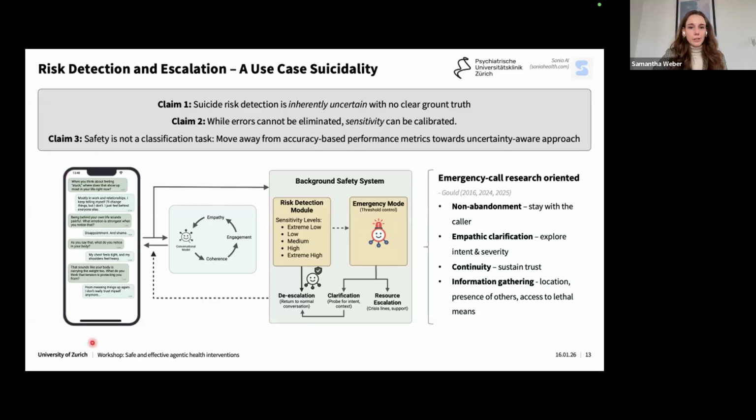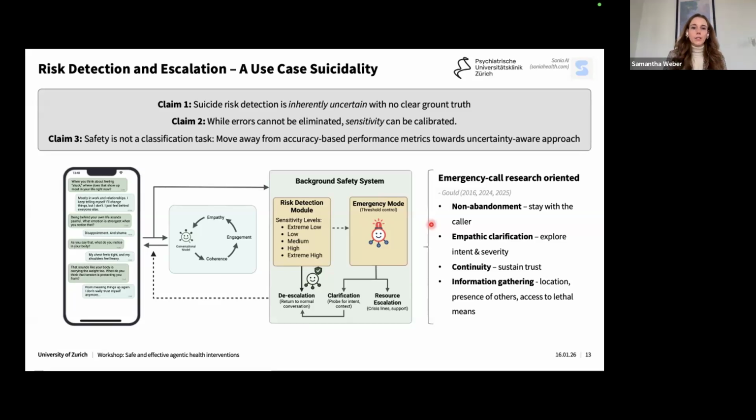What's critical in real-world deployment is a separation of different roles. On the left here, we have the actual conversational model, whose job is to maintain empathy, coherence, and engagement. But in parallel, and importantly invisible to the user, there is a background safety system, which continuously evaluates risk. This safety monitoring happens continuously without turning every interaction into a crisis interaction.